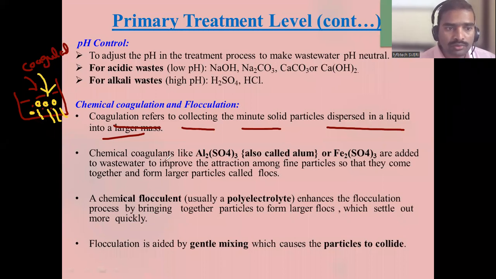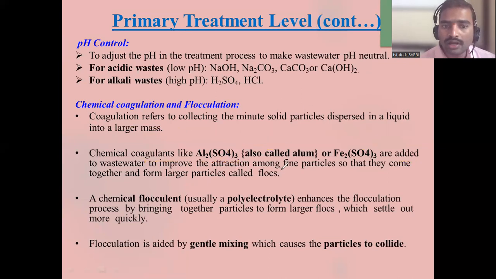Chemical coagulants like Al2(SO4)3, which is called alum, or ferric sulfate, Fe2(SO4)3, are added to the wastewater to improve the attraction among the fine particles, so that they come together and make larger particles called flocs.